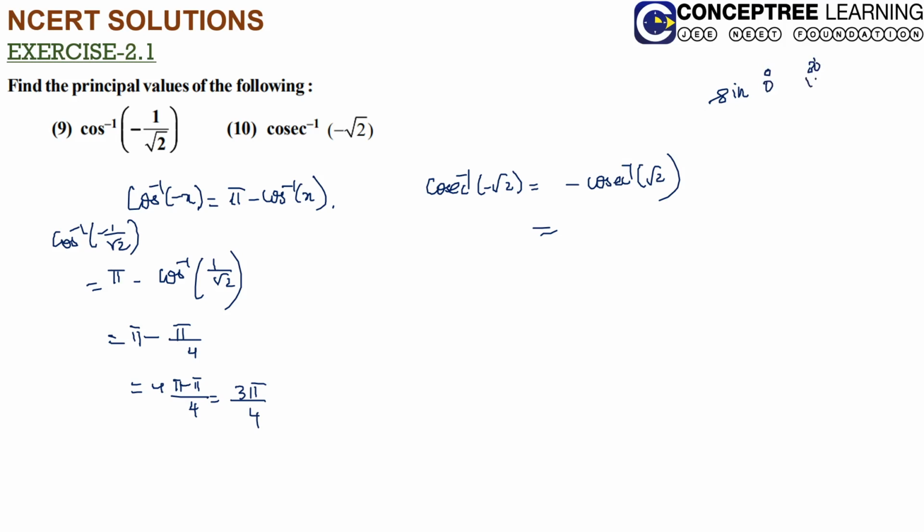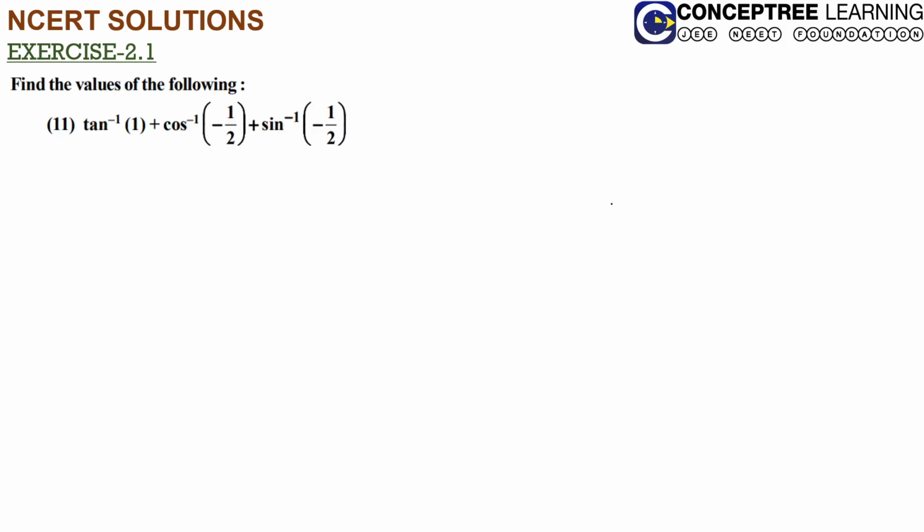Sine 30 degree is 1 by 2. Sine 45 degree is 1 by root 2 actually. So reversing, you will get root 2, right? So cosecant inverse of root 2 is pi by 4 because at 45 degree cosecant gives root 2. Therefore, 45 is represented by pi by 4. The minus stays as it is. So cosecant inverse of minus root 2 is equal to minus pi by 4 is the answer.